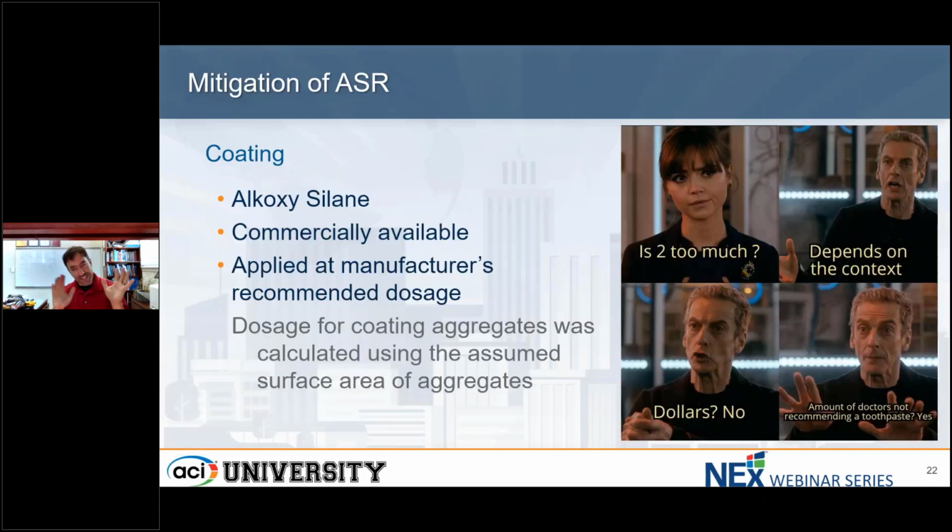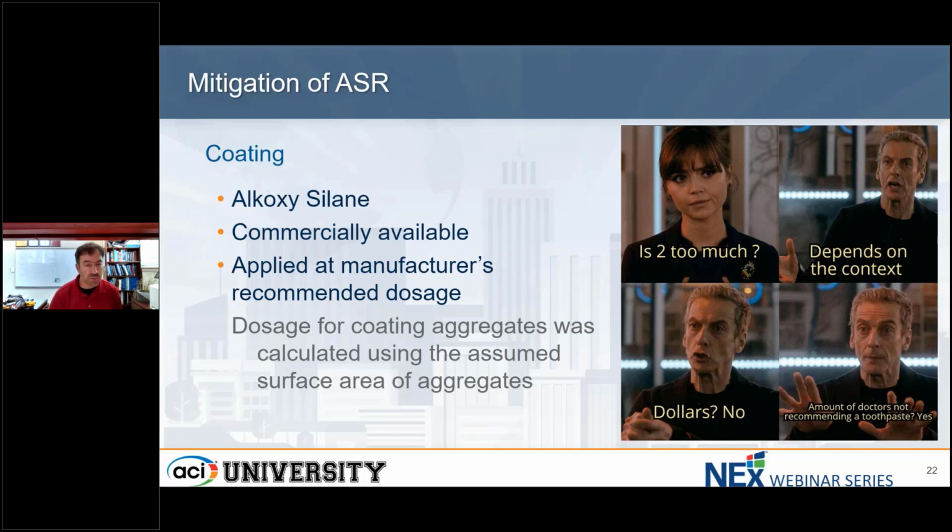And so what is this coating? Well, we used a commercially available alkoxysilane compound. I say commercially available because we have silane sealers available from numerous manufacturers. And so we selected one, and we applied it at the manufacturer's recommended dosage. Now, the manufacturer has no recommendation for how you coat sand.